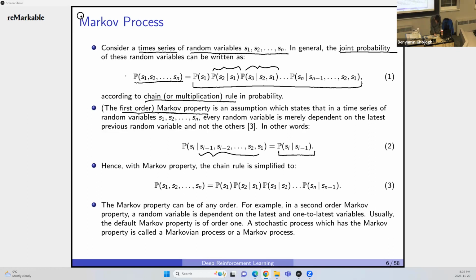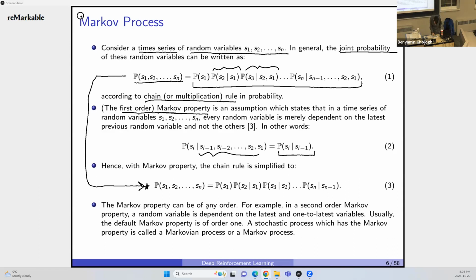So as a result, this is relaxed to equation 3 by Markov property or Markovian property. Whenever you hear Markov in machine learning, in mathematics, it should remind you of time series and probability, because his focus in mathematics was time series and probability.